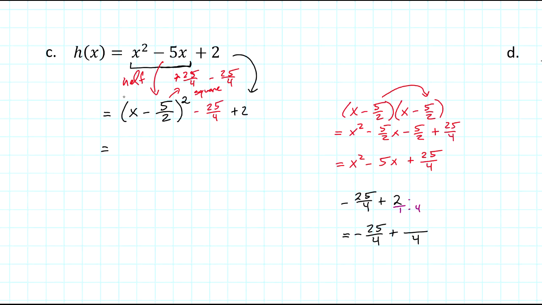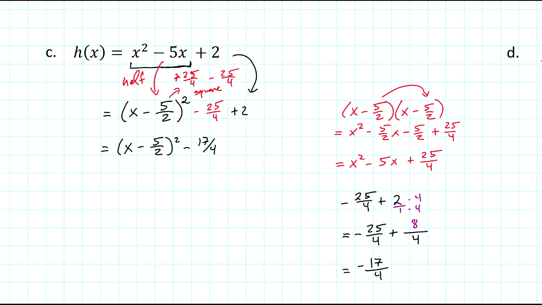I multiply top and bottom by 4 to get 8 over 4 there. Negative 25 plus 8 is negative 17 over 4. So that's what happens when we add the minus 25 over 4 plus the 2. So we get x minus 5 halves squared minus 17 over 4.